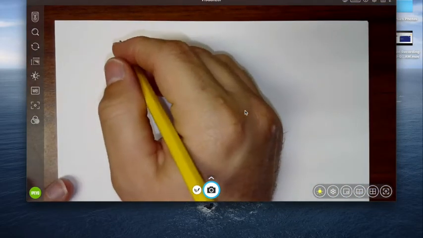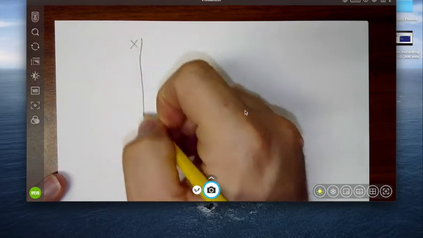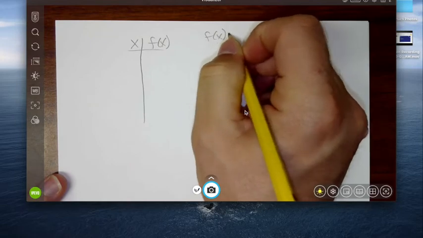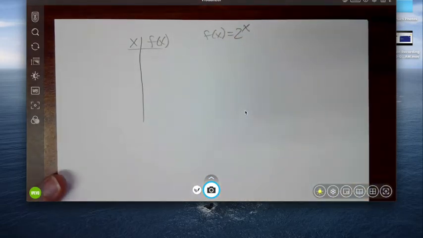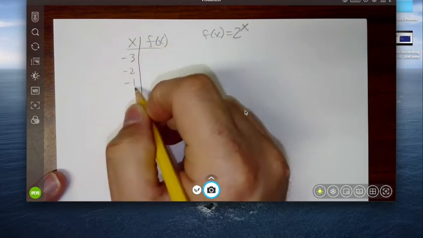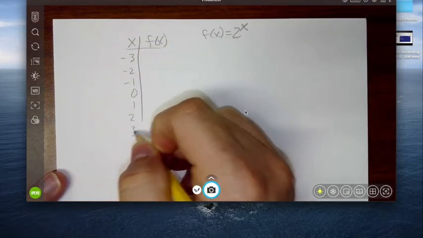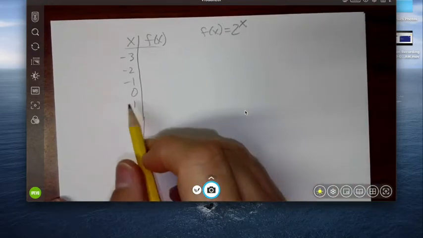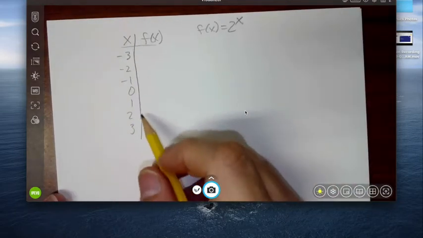By that I mean I would like to have both some negative and some positive values. f of x equals 2 to the x is our exponential function here. We don't need a million points, but let's do these 7. It may make sense to start with 0, and then we'll work backwards and do the negatives.